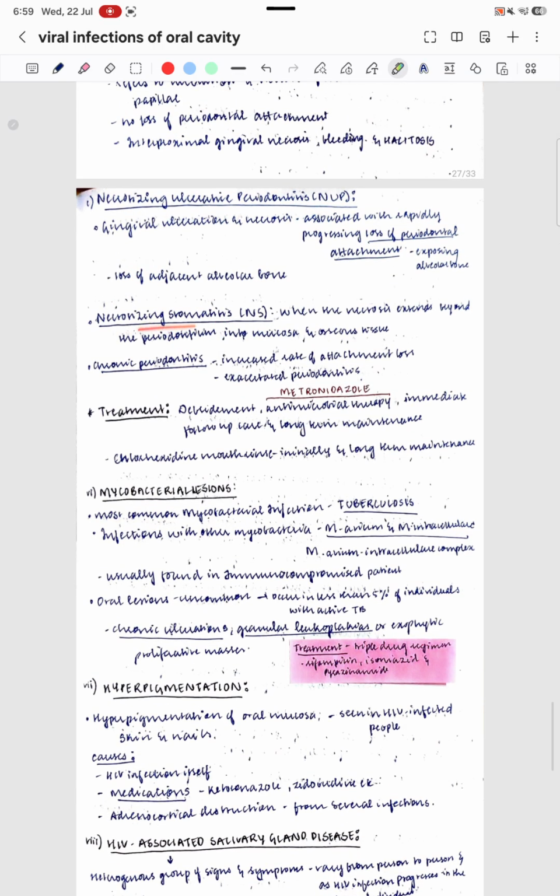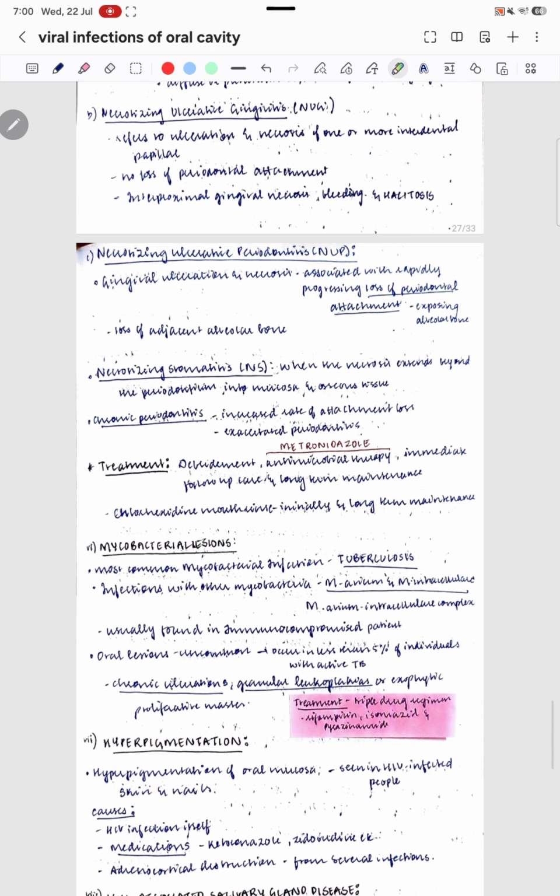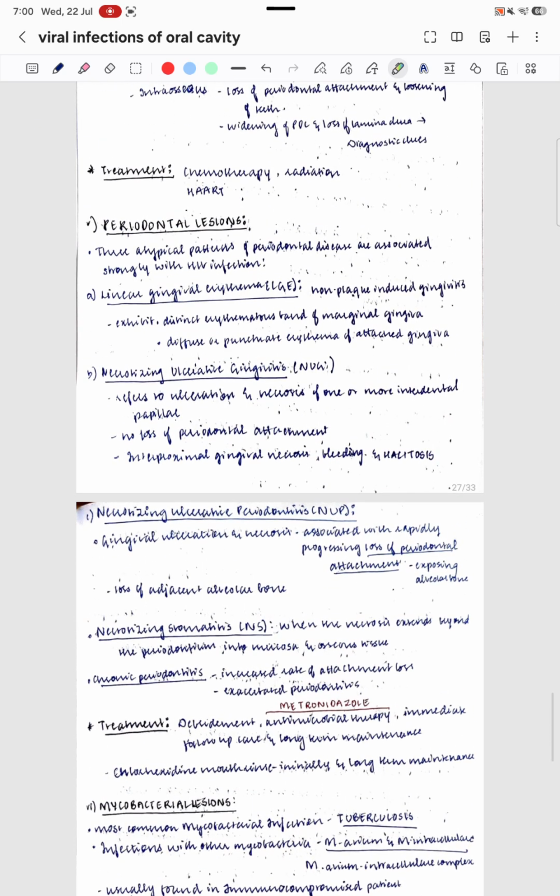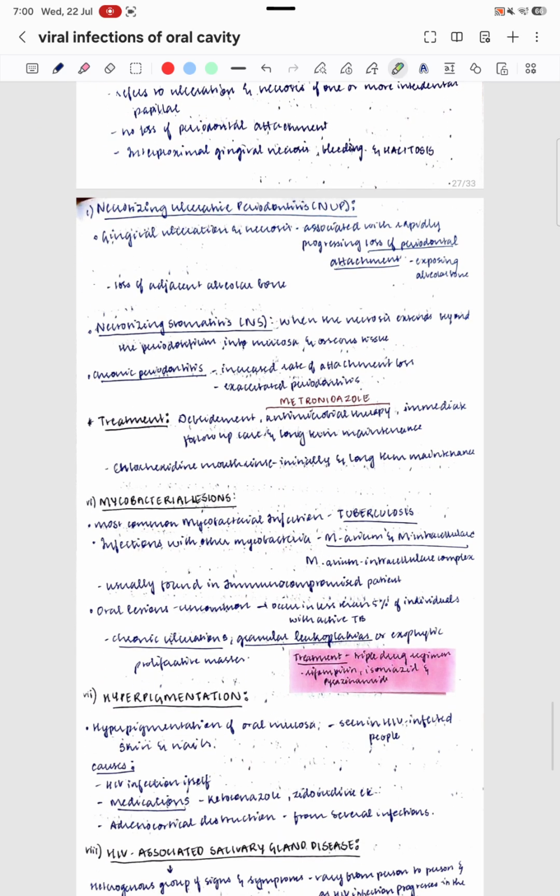Then necrotizing stomatitis is when necrosis extends beyond the periodontium, into the mucosa and the osseous tissue. So we got to know NUP, and necrotizing stomatitis is when necrosis extends beyond the periodontium.